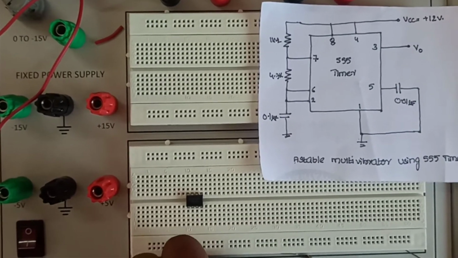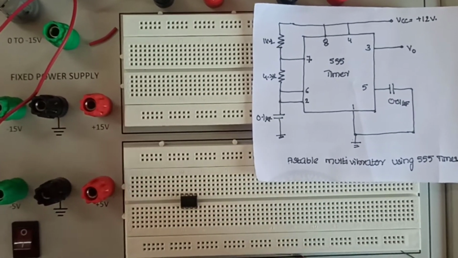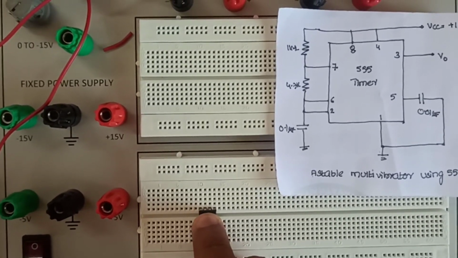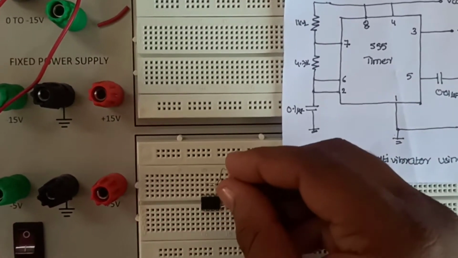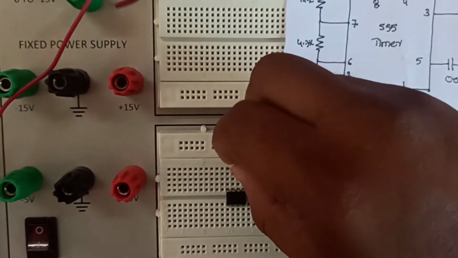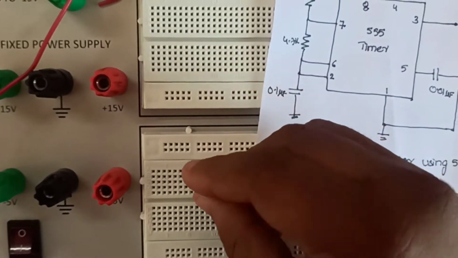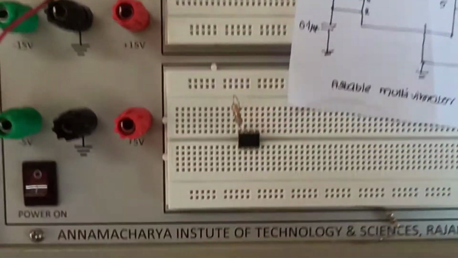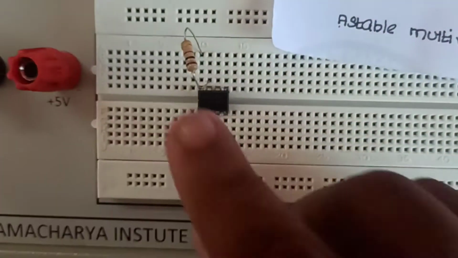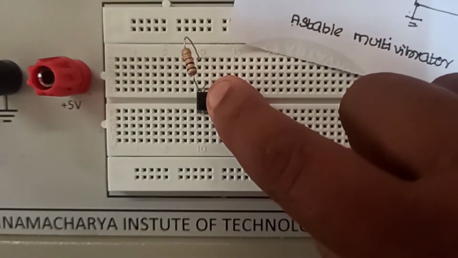This 1 kilo ohm resistor is to be connected between pins 7 and 8. So I am just connecting this at pin 8 and pin 7 like this. So it is connected at pin 8 and pin 7.